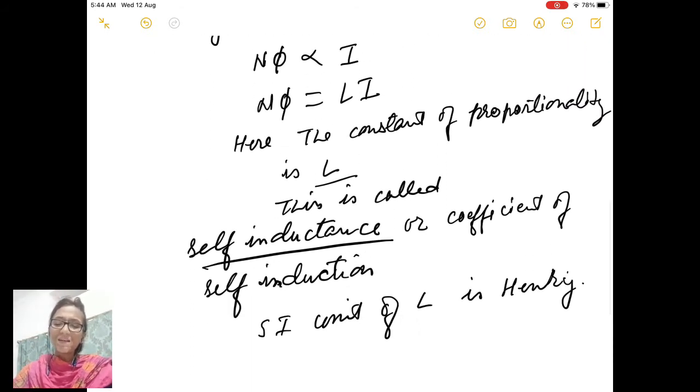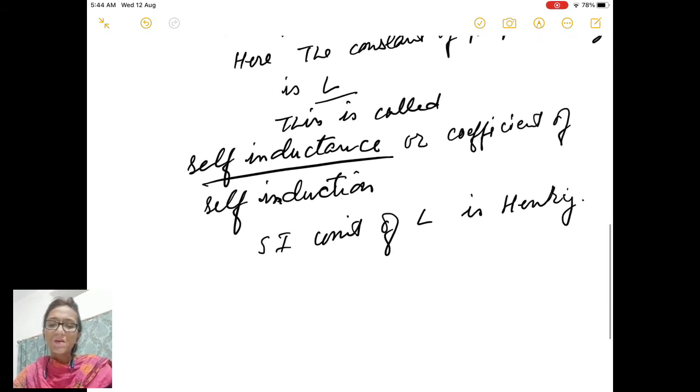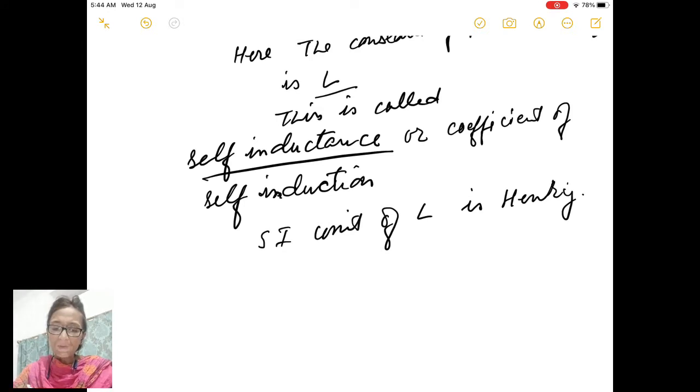So let me find the dimension of self-inductance. You will put the dimension of flux, that is the dimension of BdS, and you will put the dimension of I to find the dimension of L. Now one more thing is there, that the induced EMF, back EMF, which will oppose any change in magnetic flux, will be equal to minus d phi upon dt as per Faraday's and Lenz's law.